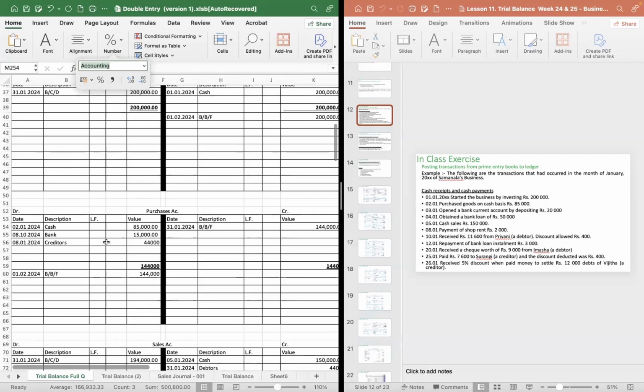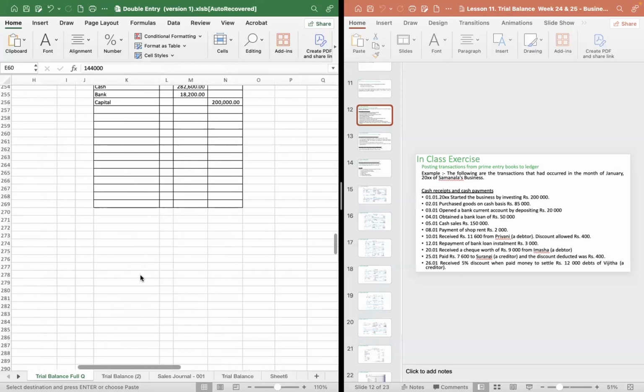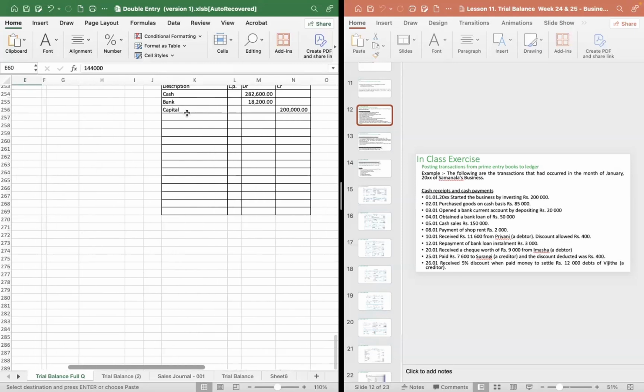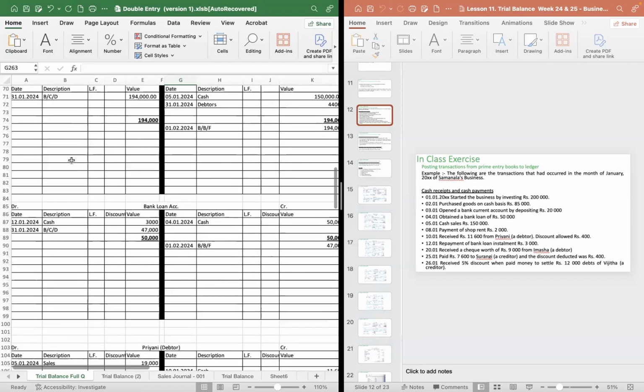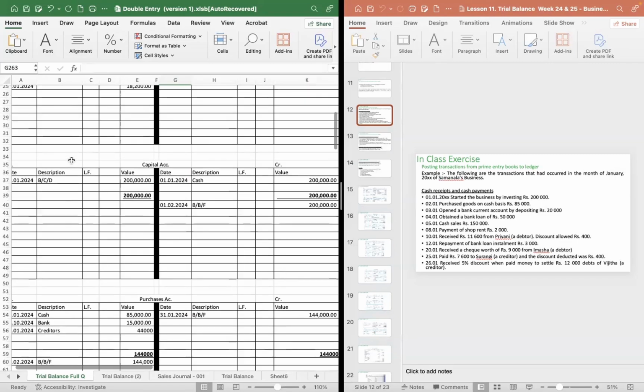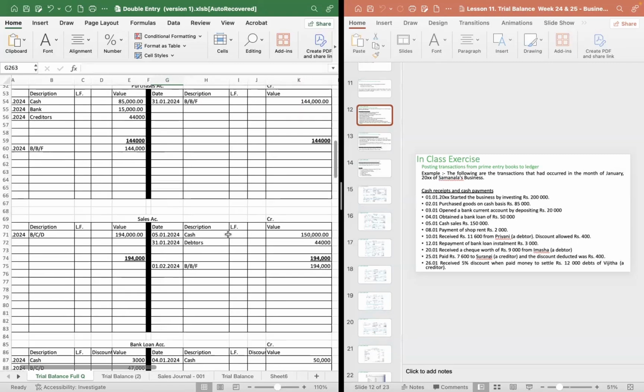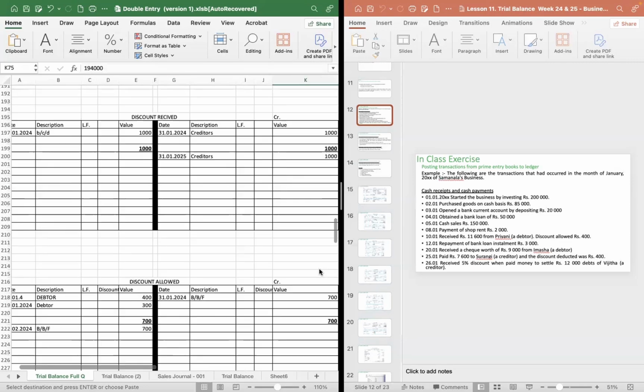Purchases වල තියෙනවා 1,44,000 debit balance එක. Sales වල තියෙනවා 1,94,000 credit balance එක.